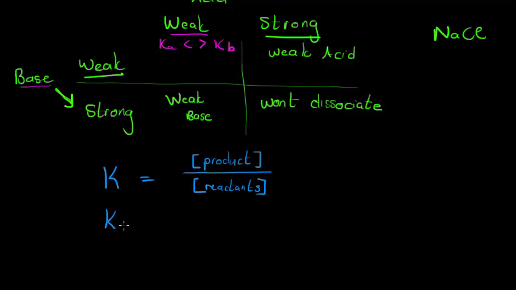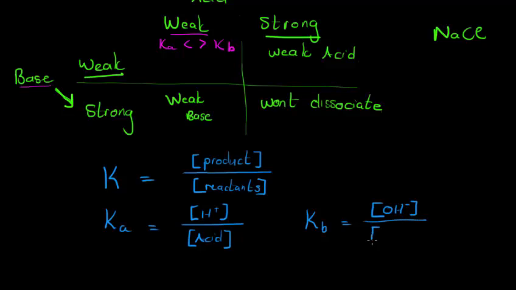So for Ka, we take the concentration of H plus ions divided by the concentration of your acid, while Kb would take the concentration of OH ions divided by the concentration of your base.